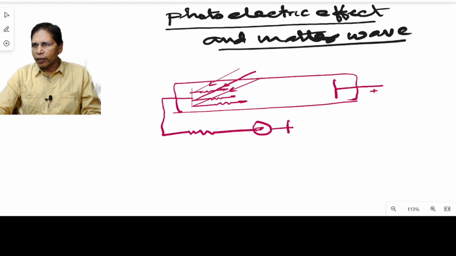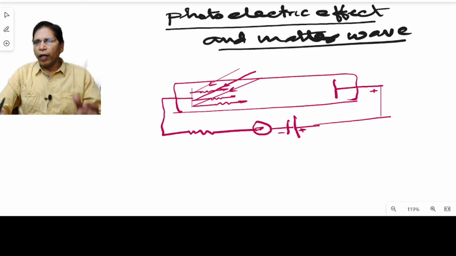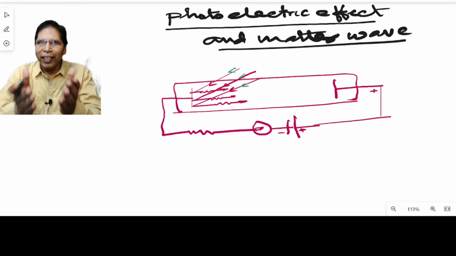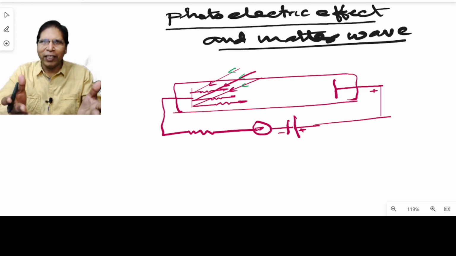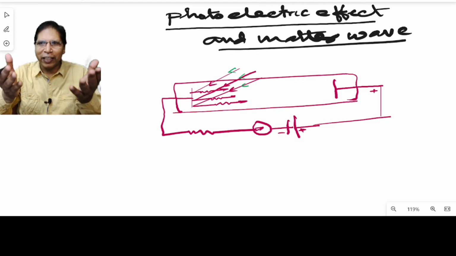Look at this. This is the negative potential and this is the positive potential. Plus, this is the minus. Okay, no problem. Now first of all, the definition. When a radiation of suitable frequency is incident on a metal surface, emission of electrons takes place. This phenomenon is known as the photoelectric effect.